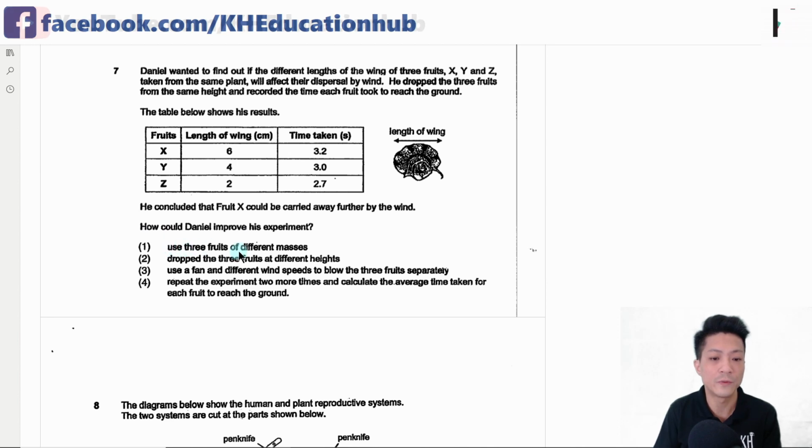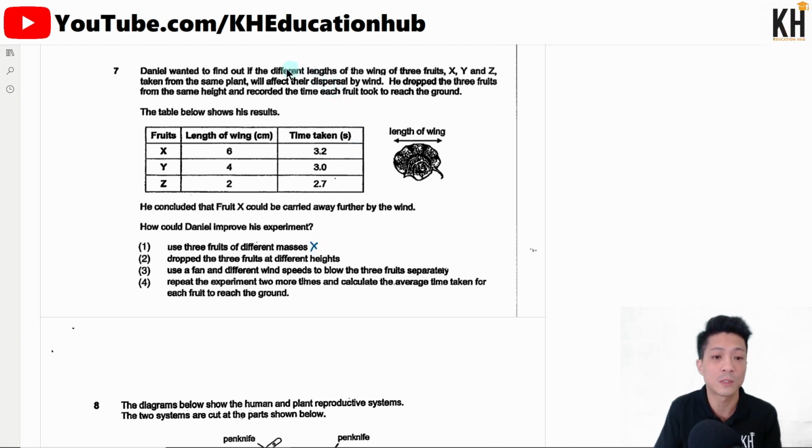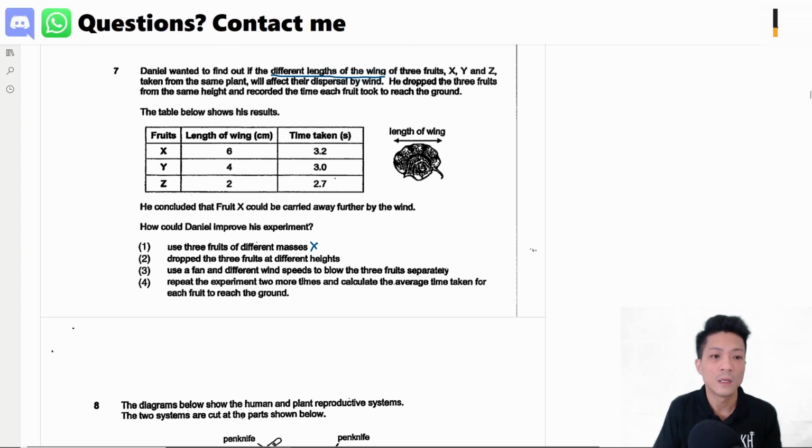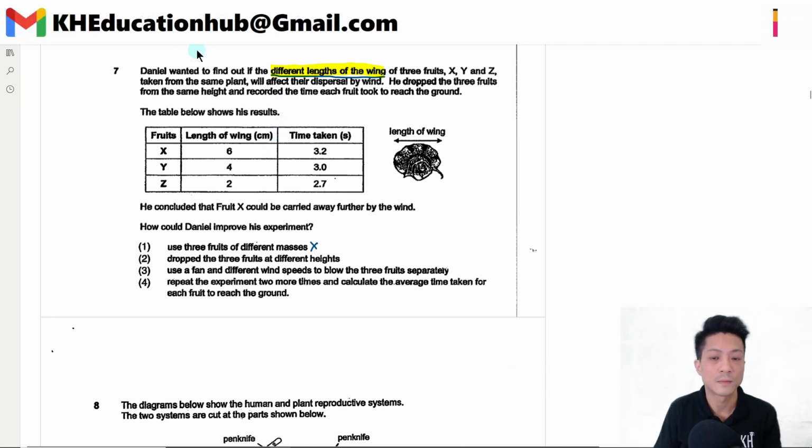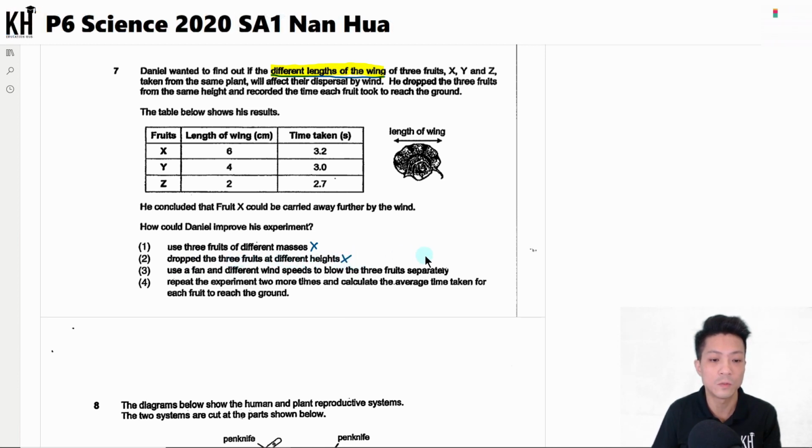Use 3 fruits of different mass. Different mass is wrong because he wanted to find out if the different lengths of the wings matter. So this would be the changed variable, and this is the only variable that you should change. Drop the 3 fruits at different heights, also probably not.